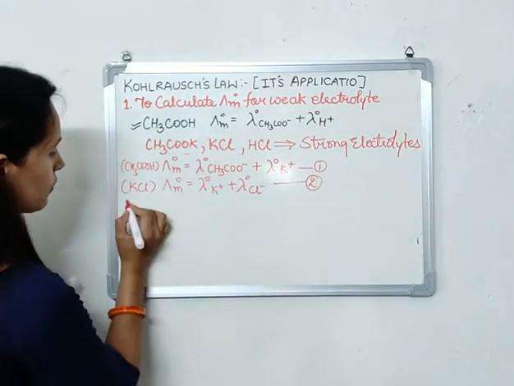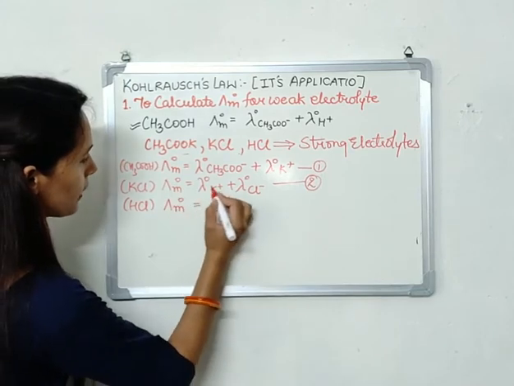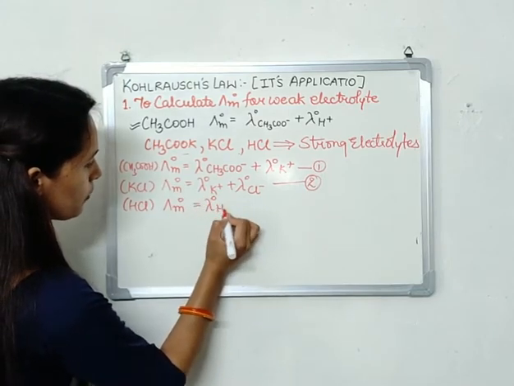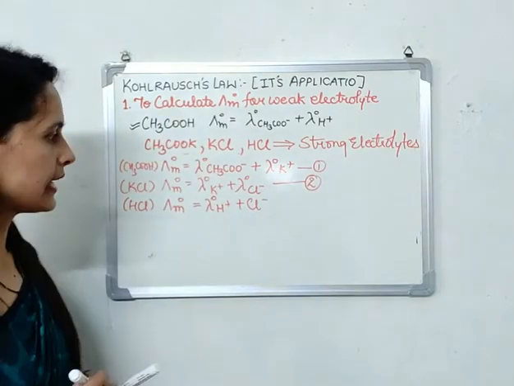Now, third one for HCl. HCl is also a strong electrolyte, so I can easily get this by H positive plus Cl negative.